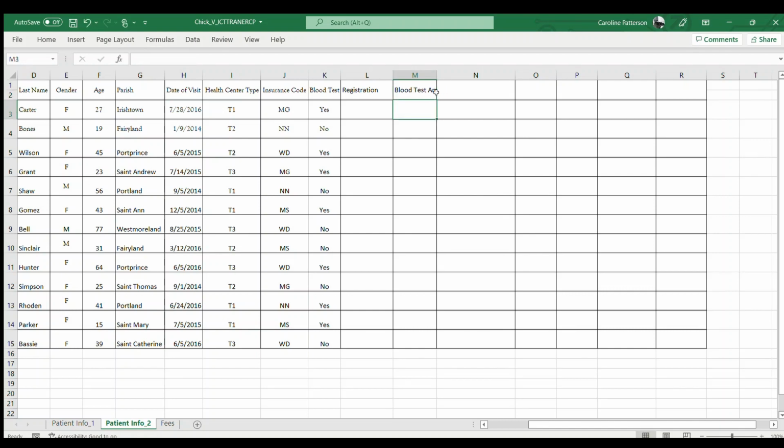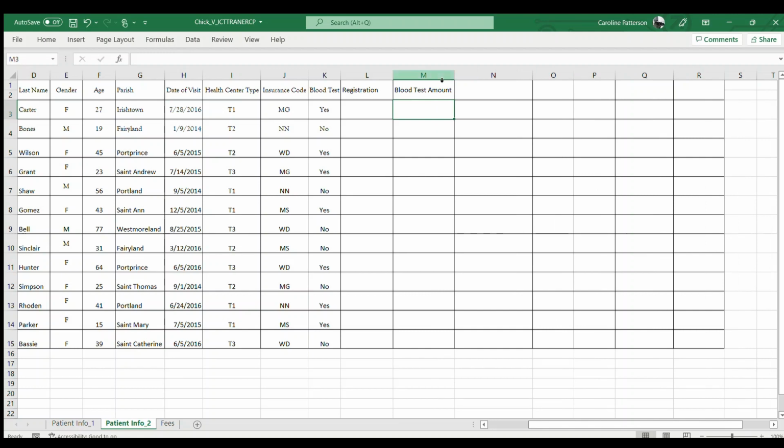Good. Once you've done that, double click on the right hand corner of the column, and you will increase the width of the column so you can see the words. So you have blood test handling fee. So that's a fee they charge for doing the blood test and handling it. And then you have the doctor's fee.